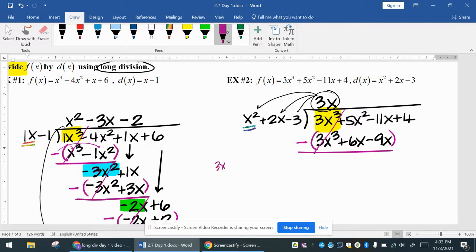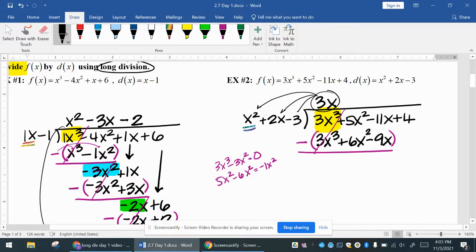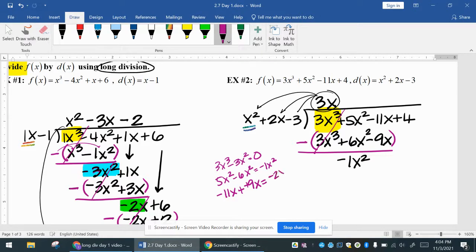Right? 3x cubed minus 3x cubed, nada. 5x squared minus 6x squared, I just realized I forgot my squared over here, is going to be negative 1x squared. Remember, because it's not 5 plus 6, it's 5 minus 6. So negative 1x squared. And then negative 11x minus negative 9x, which becomes plus 9x, and so that's negative 2x.